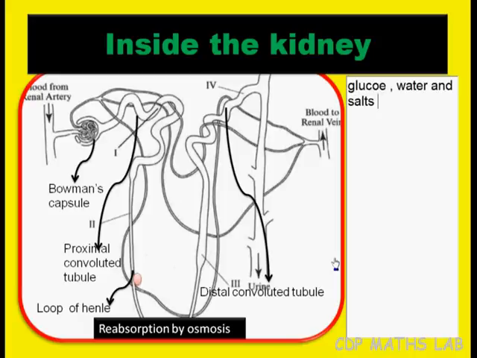But if too much water is inside the body, then you'll have less water being absorbed. So we have reabsorption right here of glucose, water, and salts, and then right at the loop of Henle we have reabsorption of mostly what? Water. Some books would say only water.